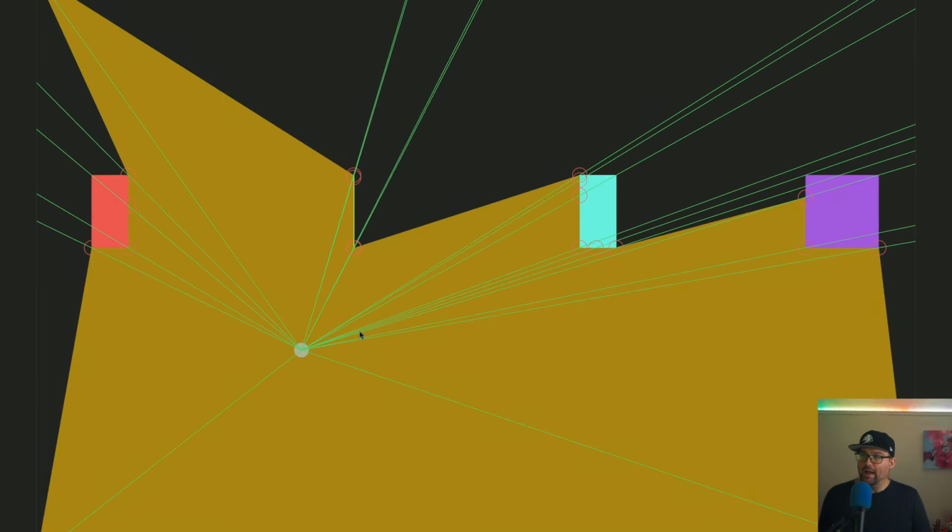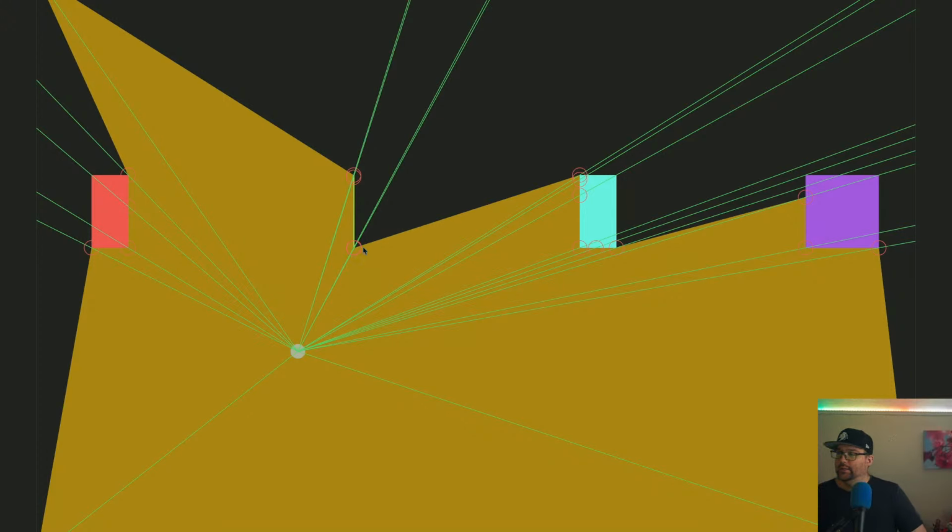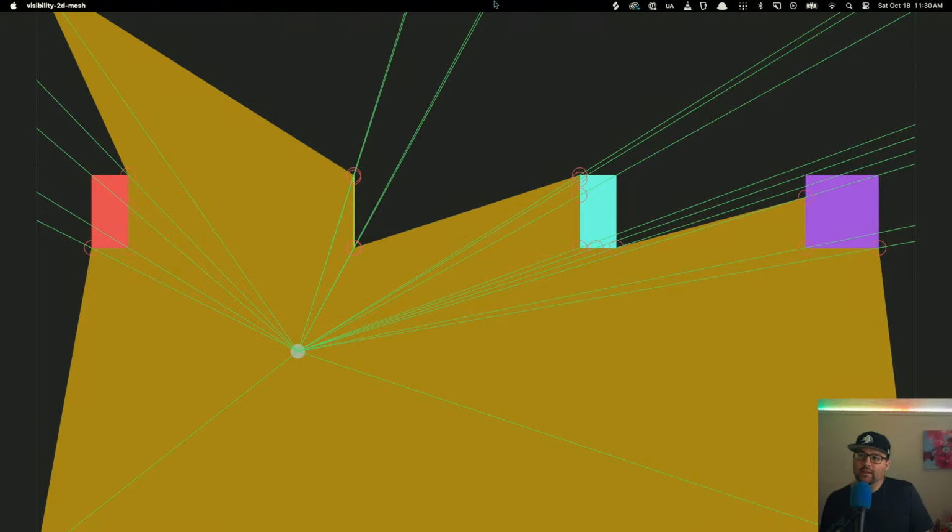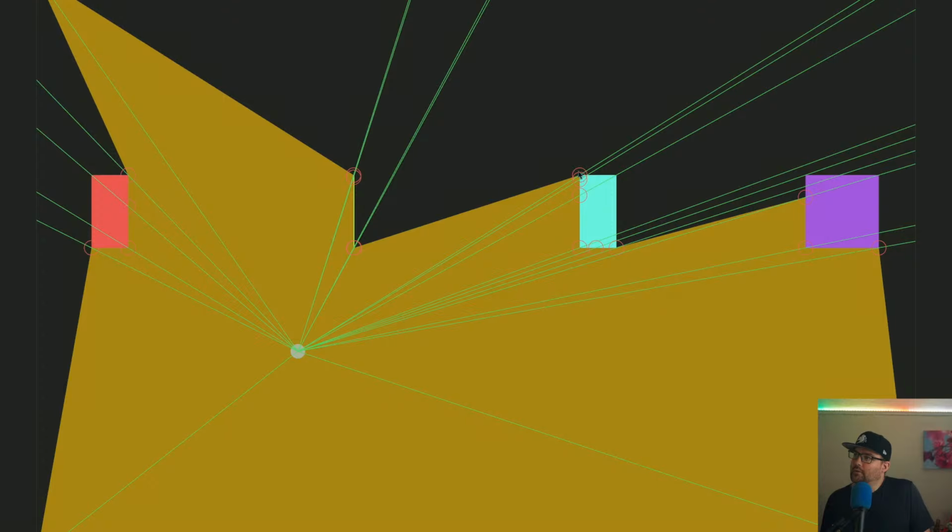So you can see we have all the information we need. We just need to be filling in these triangles slightly differently. Like the right edge of this, as we're leaving this mesh, needs to extend to the next hit. And then once we're on that hit, we need to do another calculation here.